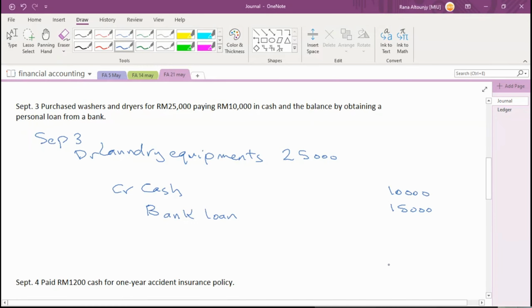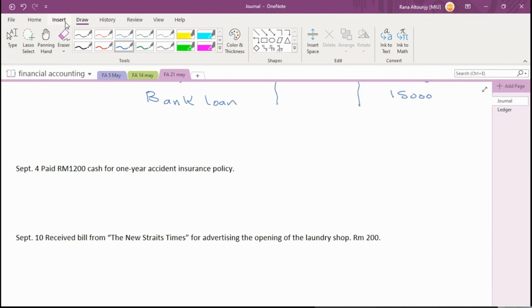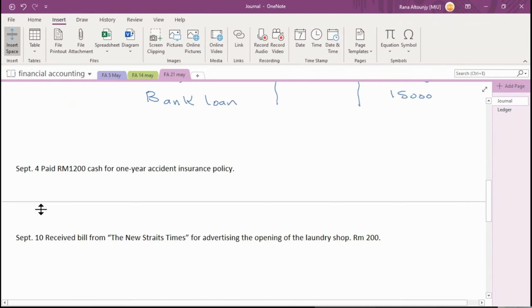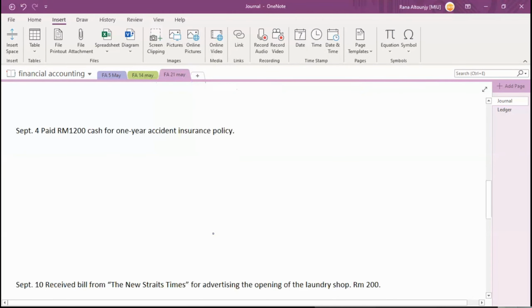So like this, we can explain each transaction we are doing to know which one is the debit side and which one is the credit side. Let's go to another transaction. This transaction: paid 1,200 cash for a 1 year accident insurance policy.